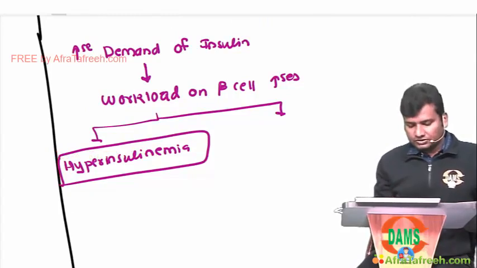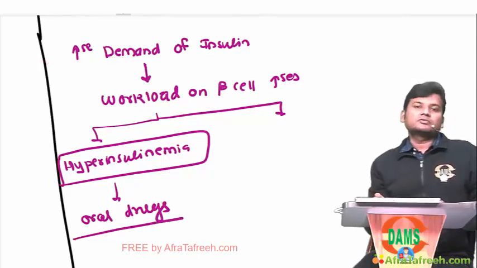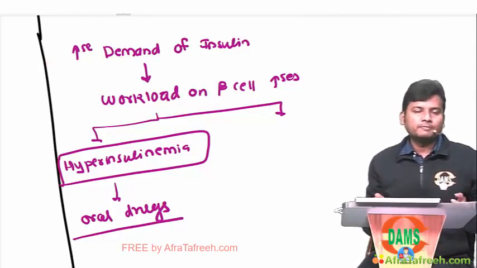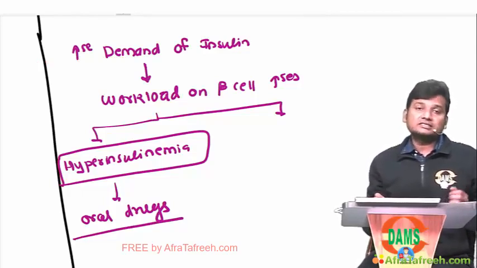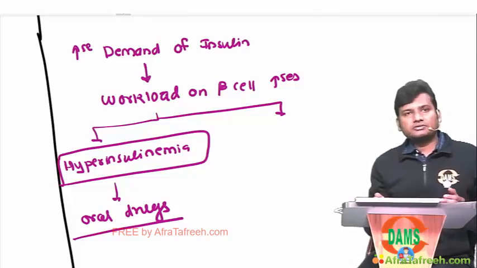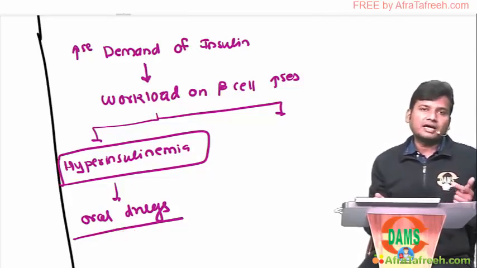So we use oral drugs here. The drugs which will help beta cell to secrete more amount of insulin, or drugs which can increase sensitivity to insulin. We are also having drugs which will decrease glucose concentration in blood by inhibiting gluconeogenesis or by inhibiting glycogenolysis.